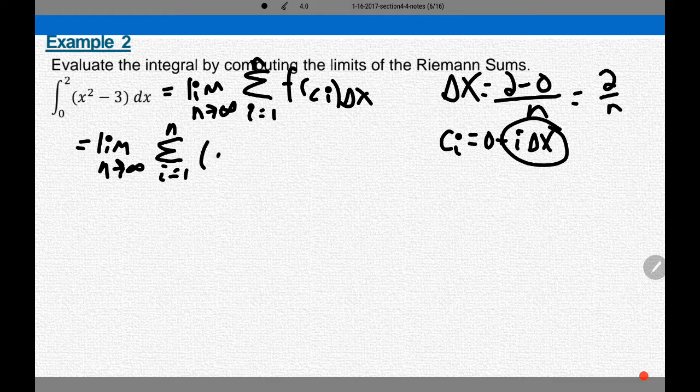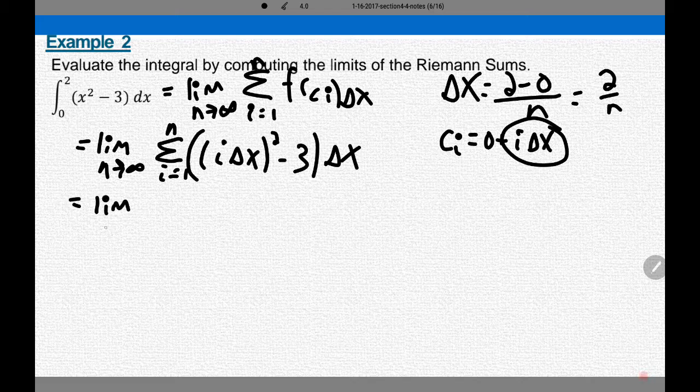So I get i delta x squared, and then minus 3 times delta x. And we can go ahead and make this i squared and this delta x squared. And we can actually split the sigma up.